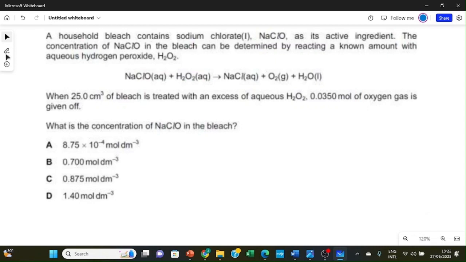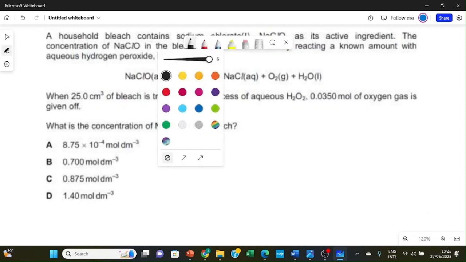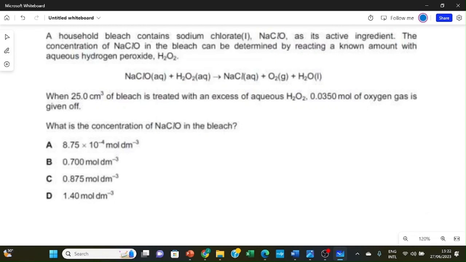So the first step is, now let's look at the equation. Now from the equation, 1 mole of sodium chlorate(I) reacts with 1 mole of hydrogen peroxide to give off 1 mole of oxygen.